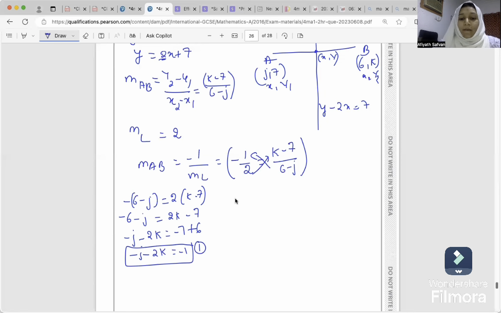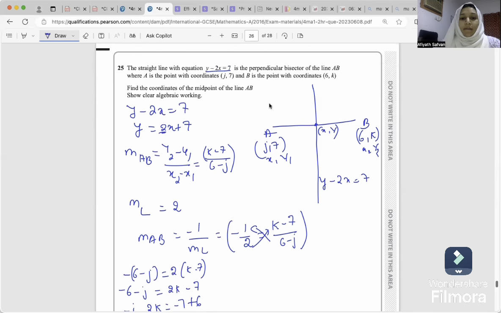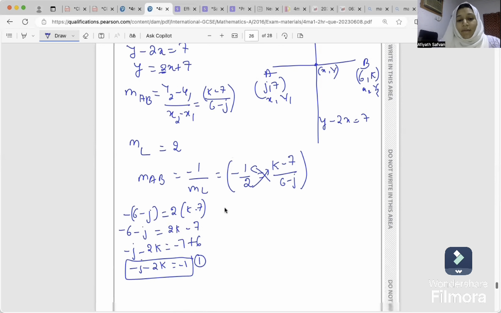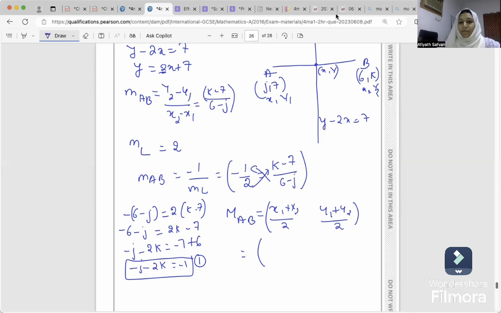Now let's take another statement where they said the midpoint. So, find the midpoint of the line AB. The midpoint formula is (x1 plus x2) by 2 and (y1 plus y2) by 2.